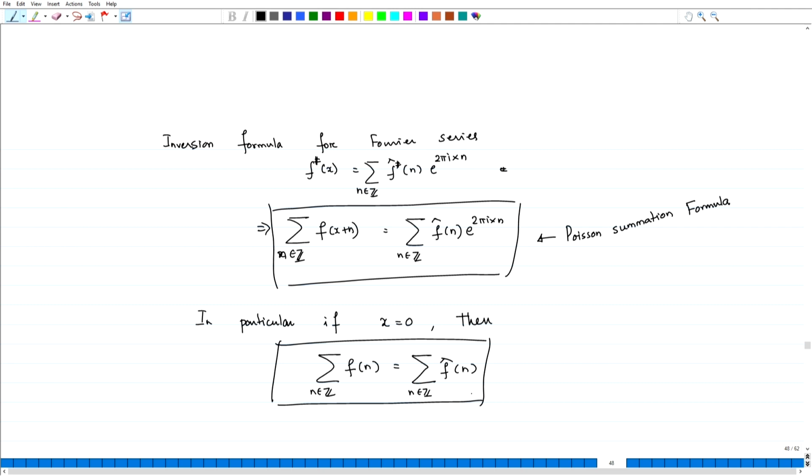This is when x is equal to 0. So let us see some applications of this Poisson summation formula that we have derived.